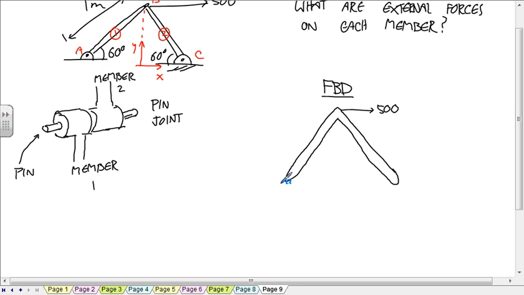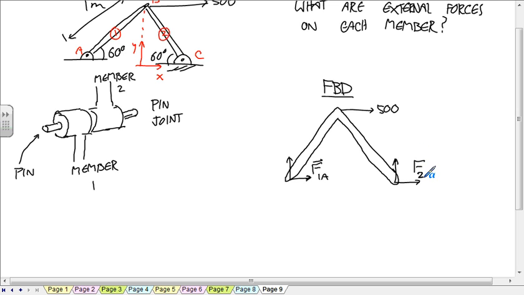What type of force is that pin applying? Unknown vector. So I'll call that the force on member 1 by the pin A. And then over here, same thing.